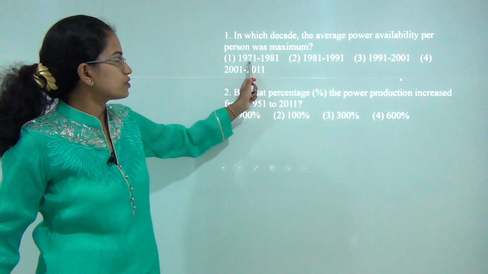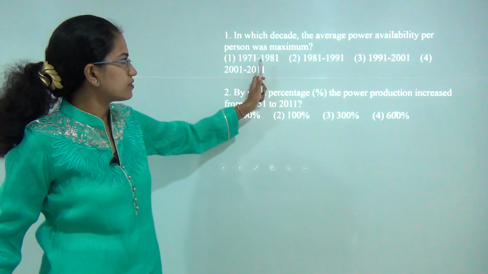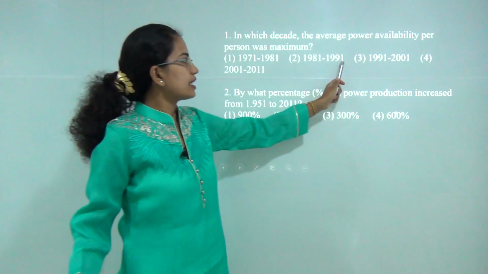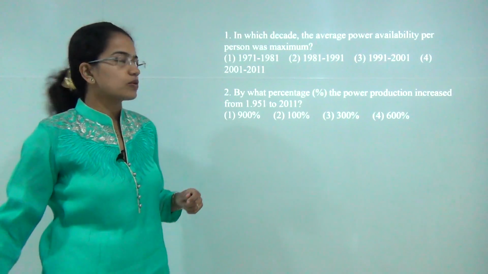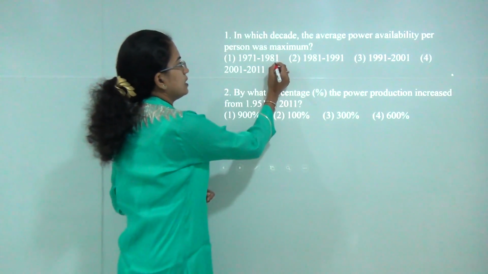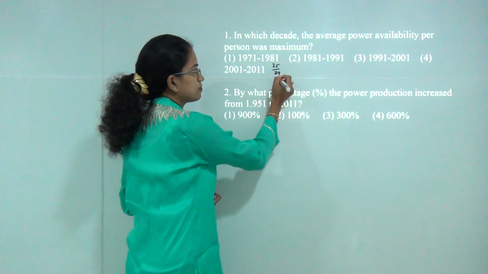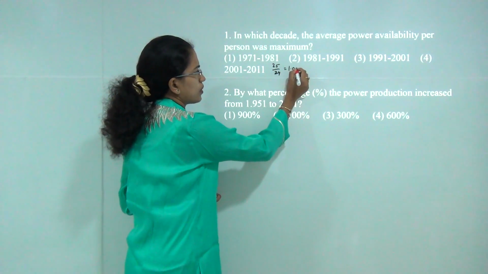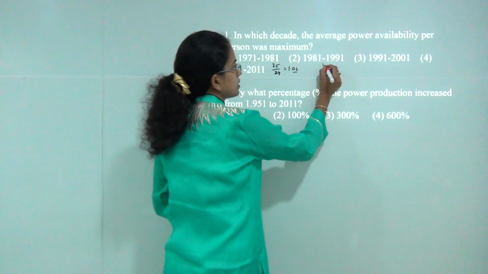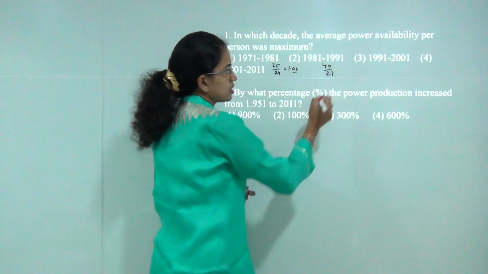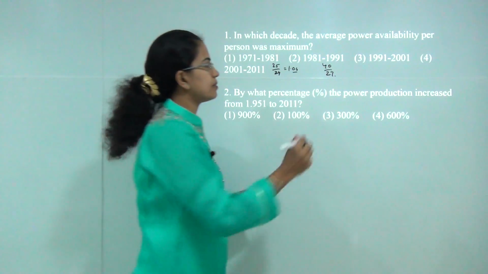per person. So for 71, 81, 91 and so on, we have to simply calculate it. For example, it was 25 by 24, so that would be around 1 point something. Then the next was 40 by 27. The further next was 30 by 50.